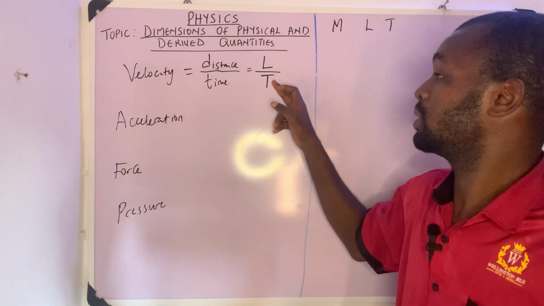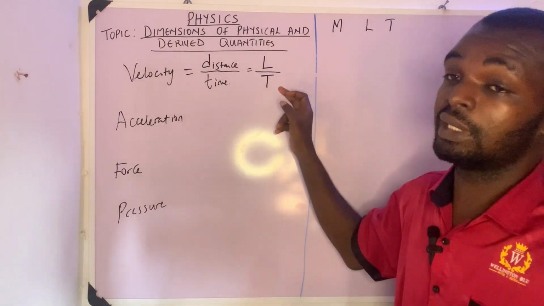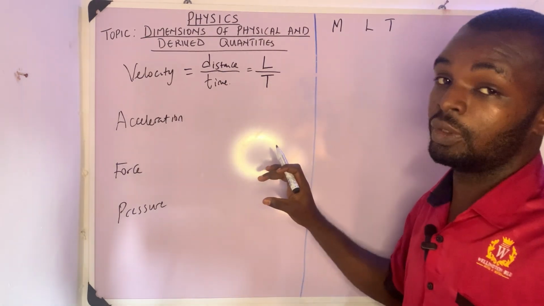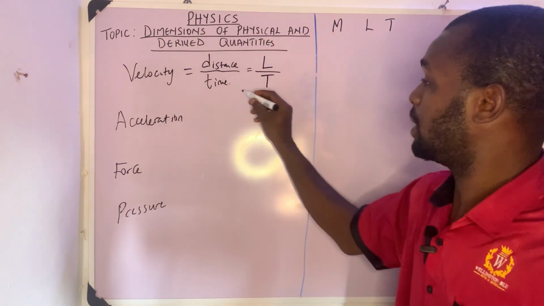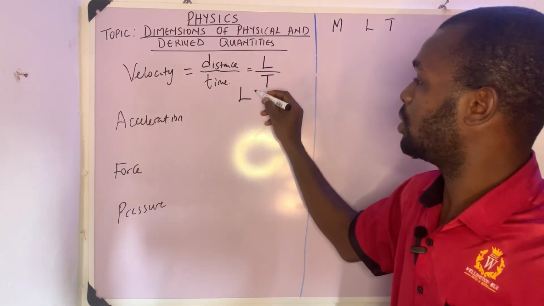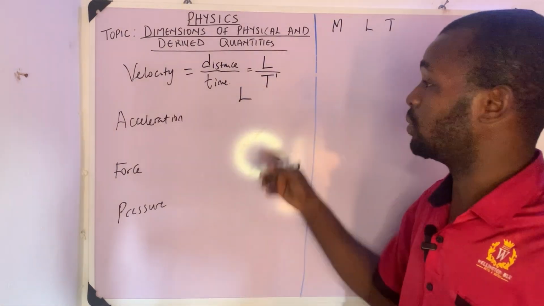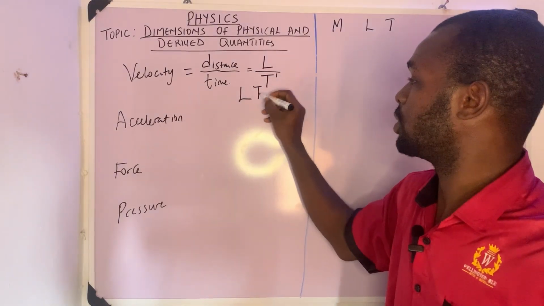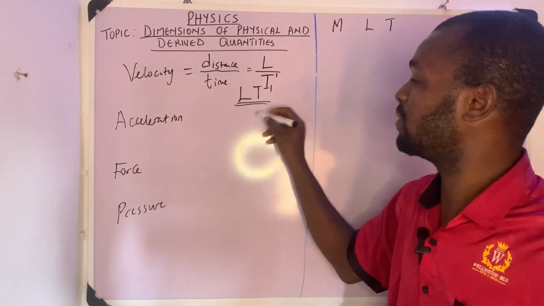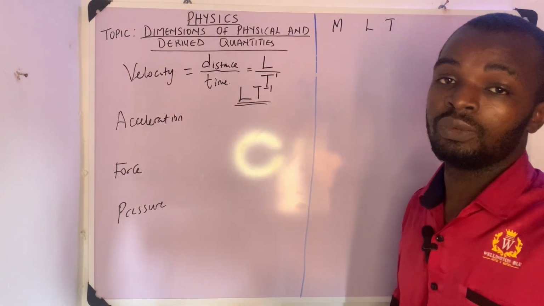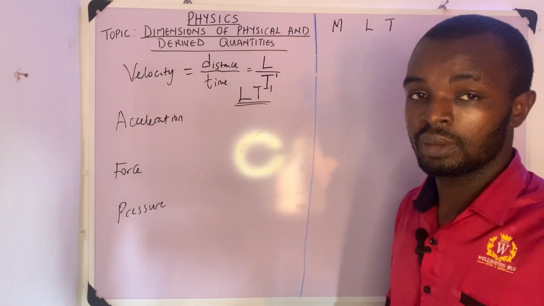So, we are going to take this T up since it is down. So, all of them will be on the same line. Now, L is here, T will come up. Remember, we can find only one T here. Law of indices, once one is going up, it becomes -1. So the dimension of velocity is LT^-1.